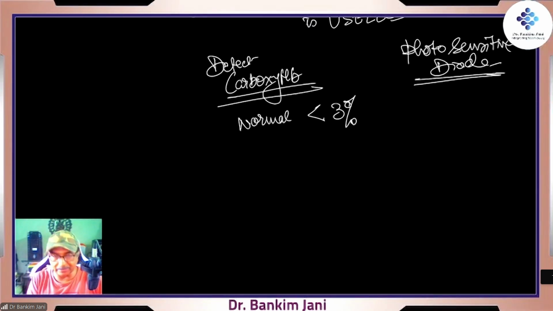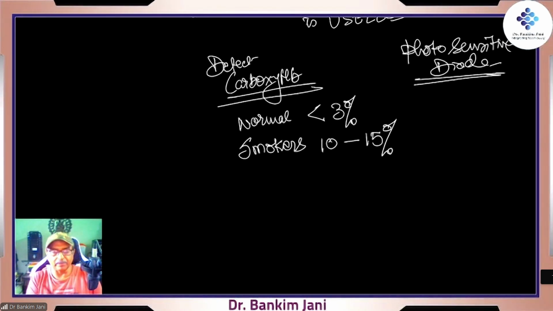But listen to this carefully. Why is 3% said to be normal? Because smokers have 10 to 15% carboxyhemoglobin. That is fine, nobody checks, but the girlfriend of such a smoker will also have this problem, because passive smoking is more dangerous.